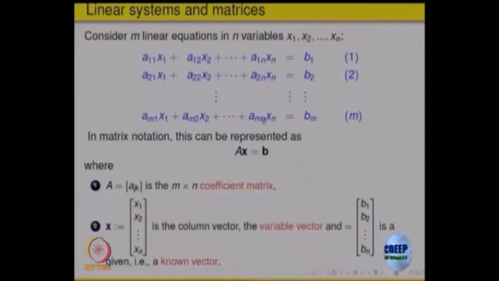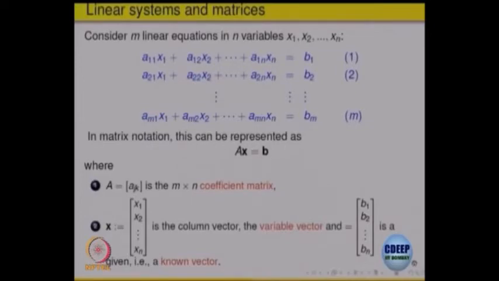The matrix consisting of the coefficients of these m equations, forgetting the variables and the arithmetic symbols, is A. x is the variable which is an unknown vector, x1, x2, xn. This is n rows, one column, and A is m rows, n columns. So, when you multiply, you will get m cross 1. Then b1, b2, bm. There is a typo here, it should have been bm. So, in the matrix form, you get Ax equal to b, the matrix form of the equation.